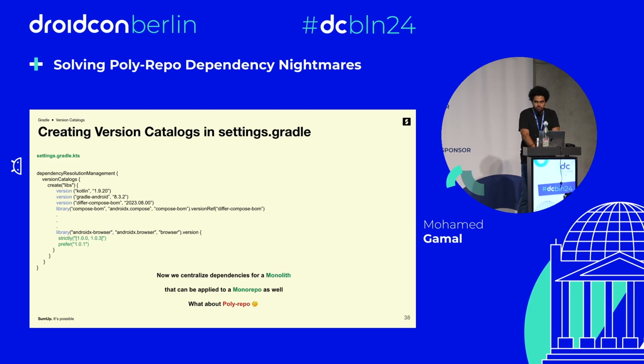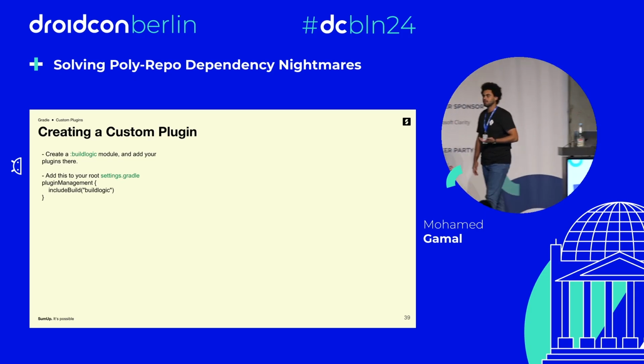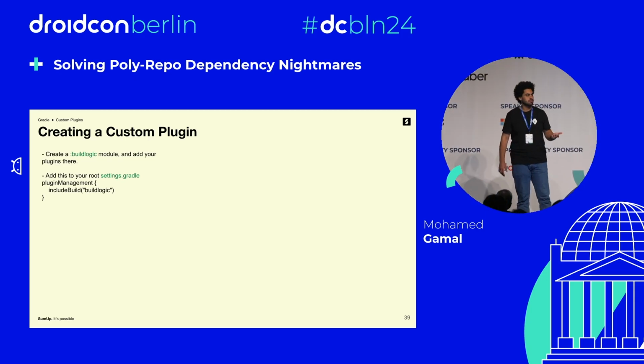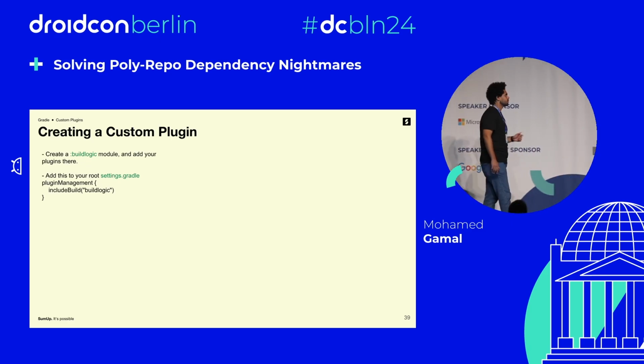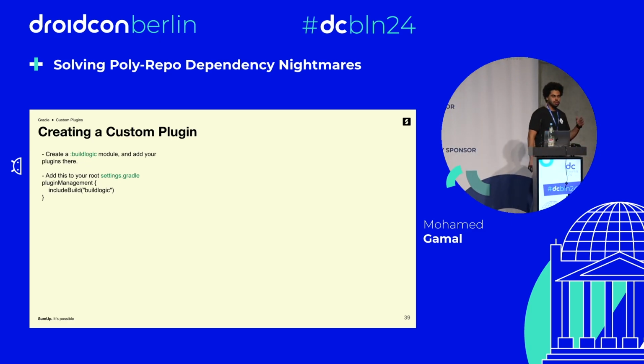So have you heard of Gradle custom plugins? I'm sure maybe 90%, 95% know about it. So here we talk about how to create a Gradle custom plugin that you can publish and reuse whenever and wherever you want.